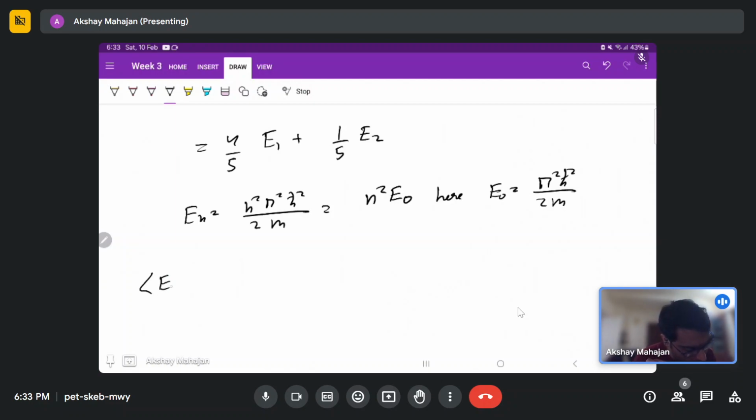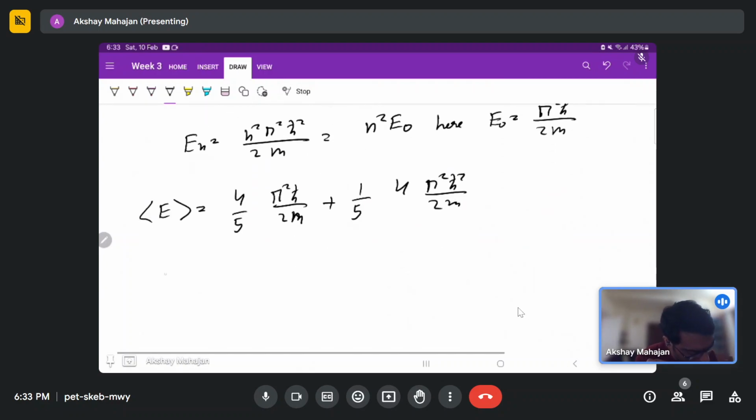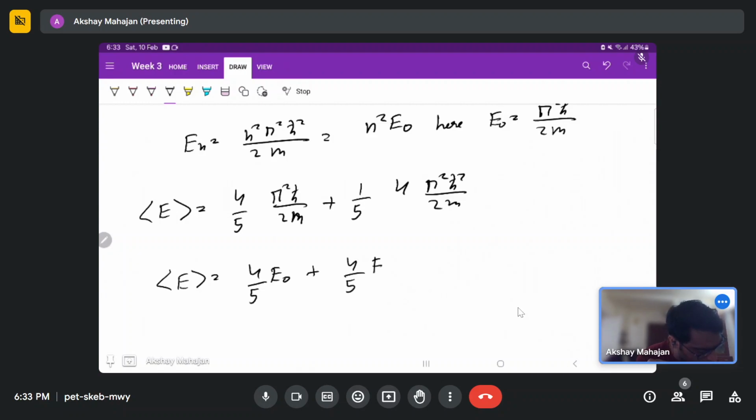So our average energy E will be equal to 4/5 times E1, which is 4/5 times π² ħ² by 2m, plus 1/5 times 4 times π² ħ² by 2m. So I can write my average energy as 4/5 times E0 plus 4/5 times E0, so it will be basically 8/5 of E0.